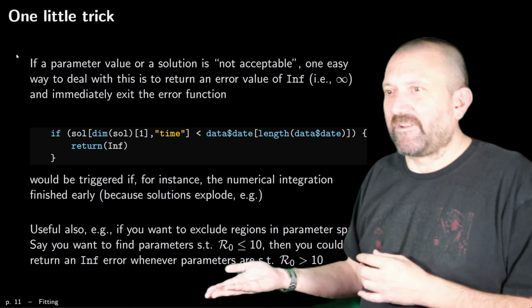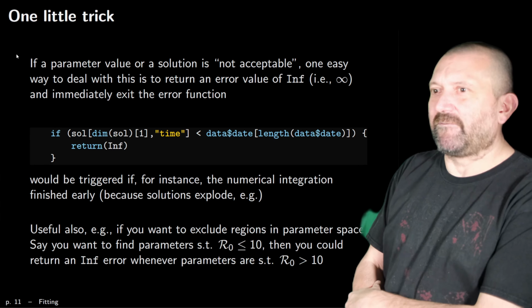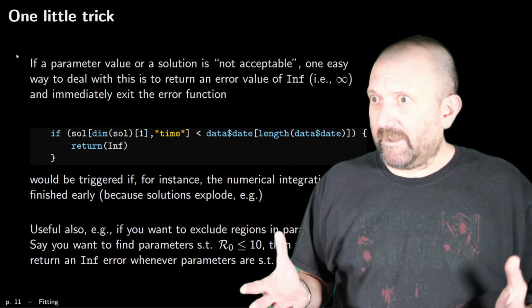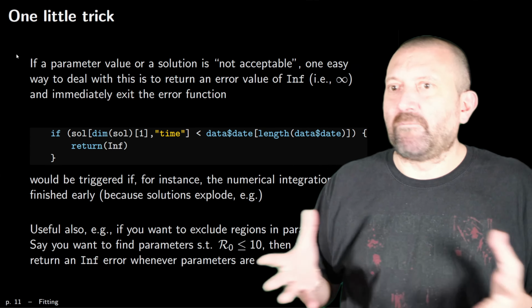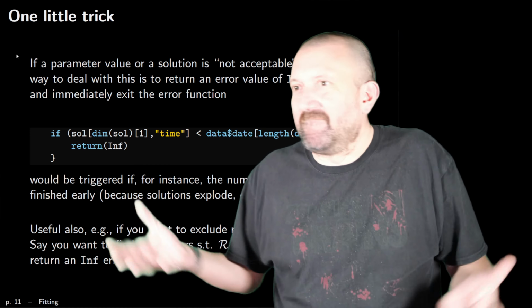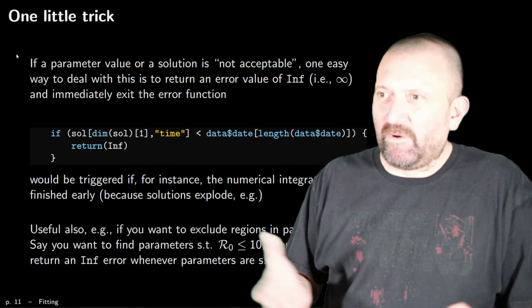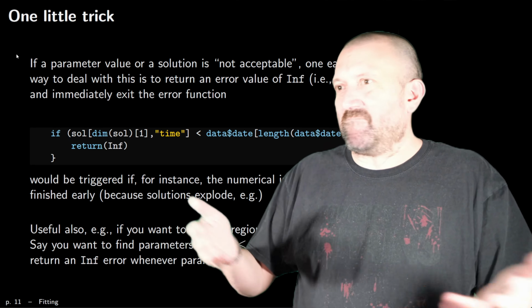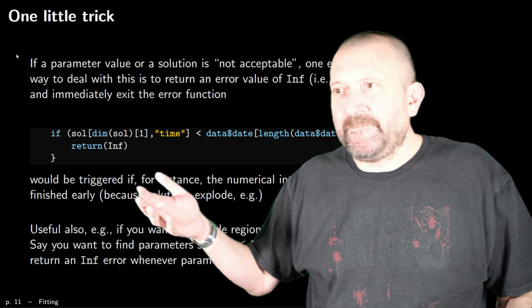So let me give you an example that I think is more relevant here. I could want, for example, in an epidemic model, to exclude regions where R0 is greater than, say, 10. I know that R0 is probably going to be between 0.5 and 5.